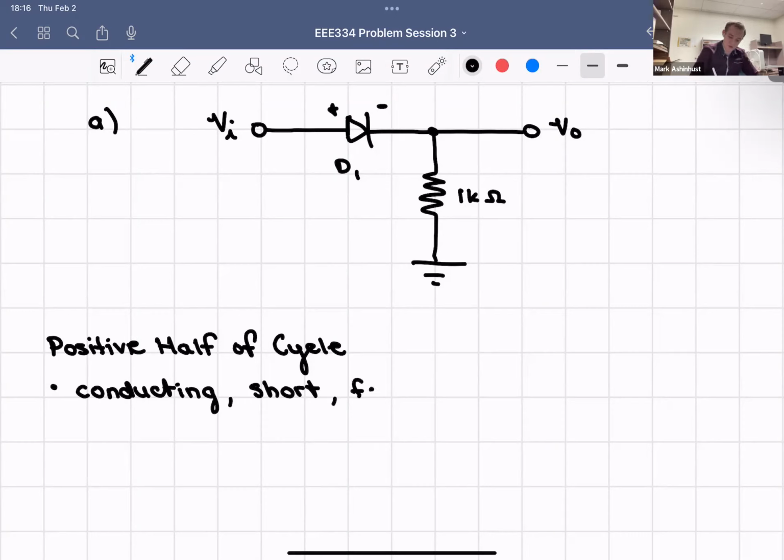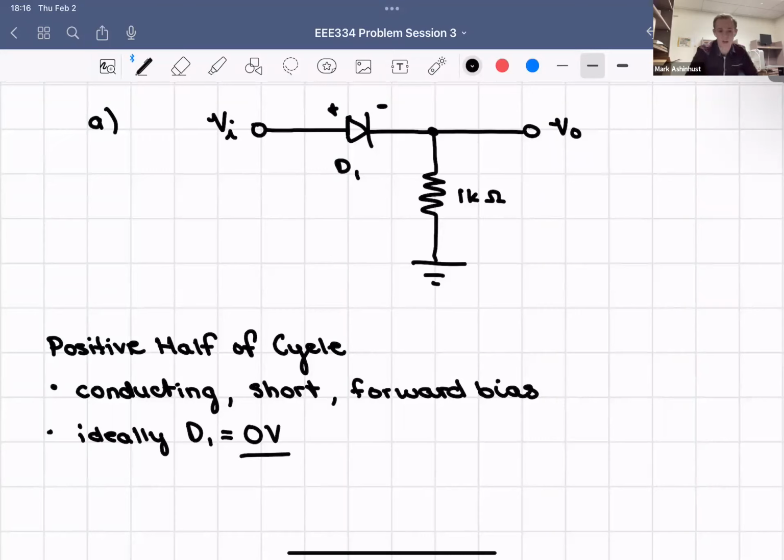This is what's called forward bias. Ideally, and we're working with ideal circumstances here, it usually changes to about 0.7 volts, but ideally the voltage across diode D1 is equal to 0 volts. So the 5 is greater than that 0, and that's why it's going to conduct.